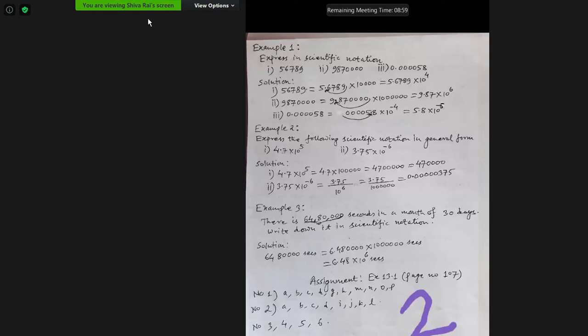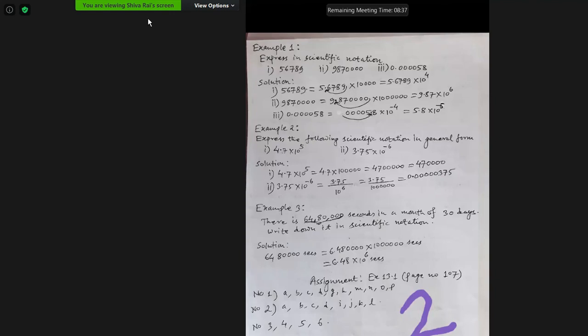Finished. Now the second number: 9870000. I have already told you the decimal is after the 4th zero, at the last. The value of a must be less than 10. So how to make it less than 10?